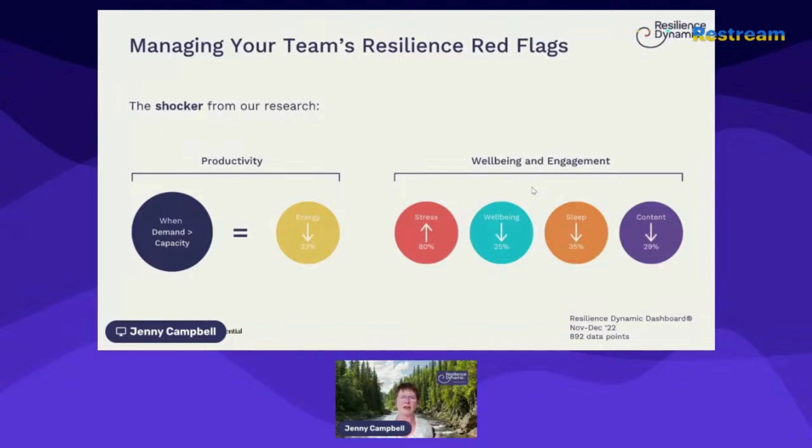So that's demand, capacity, energy, those drivers of productivity and performance versus well-being and engagement. And again, under threat. We found this data shocking. This is the average across just under 900 data points.